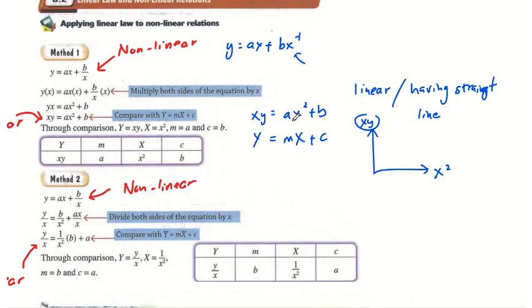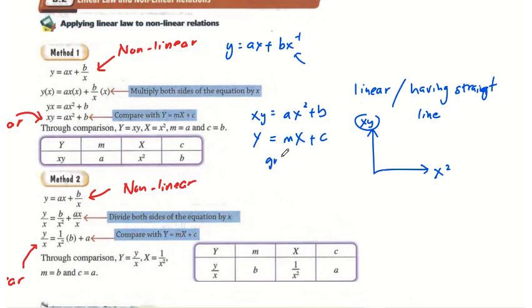For ax squared, it will be mx, since a is multiplied by x squared. b is a constant, a number only, so it will be c, the y-intercept. x squared will be the x part because we have the term x. a is a constant, the gradient.